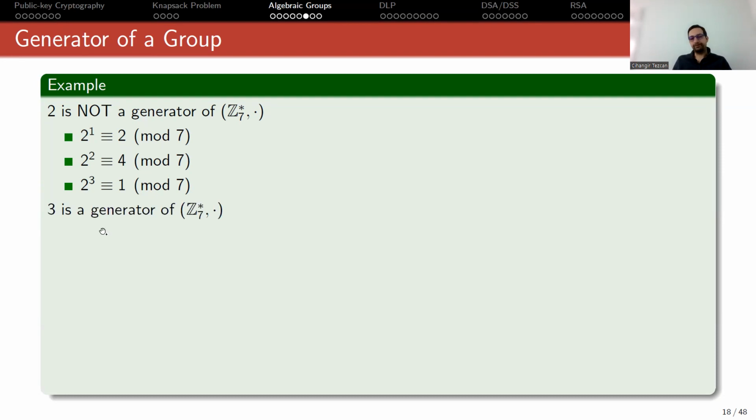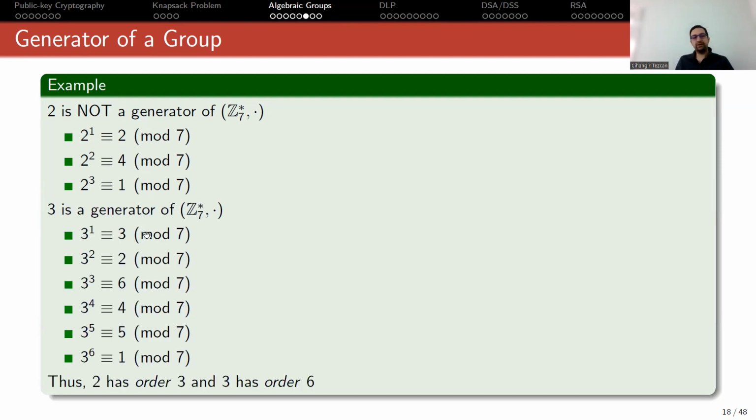But what about 3? I claim that this is the generator, because if you calculate every power of 3, you end up with all 6 elements of Z7 star. In this scenario, we say that 2 has an order of 3 because it generates 3 elements, and 3 has an order of 6 because it generates 6 elements.